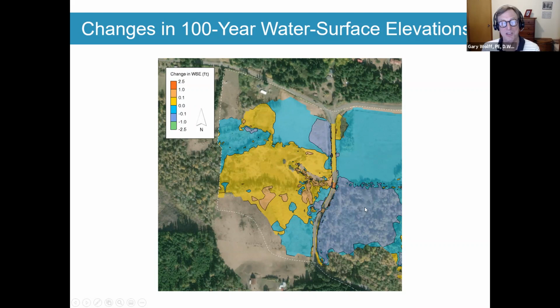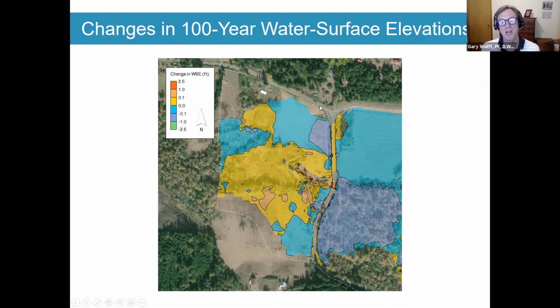In some areas, it's a little more than 1/10 of a foot. So we actually reduce flooding upstream just a tiny bit. Downstream of the project, inherent because we're running a two-dimensional analysis and we've changed the distribution of the flows coming over and under the bridge, there are some small areas where we're getting some tiny increases. Generally less than 1/10 of a foot here, so really pretty darn good.